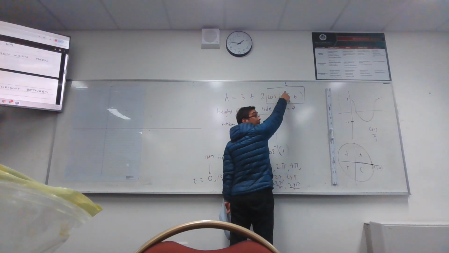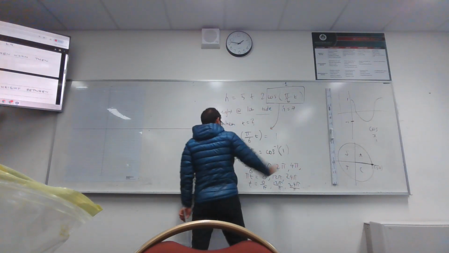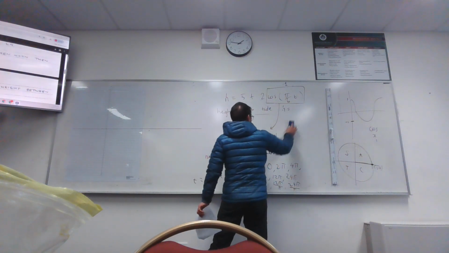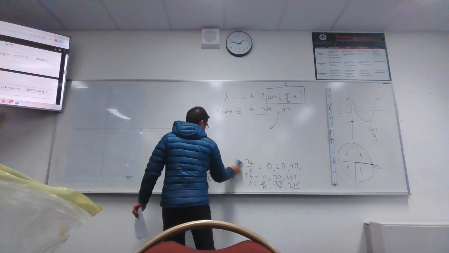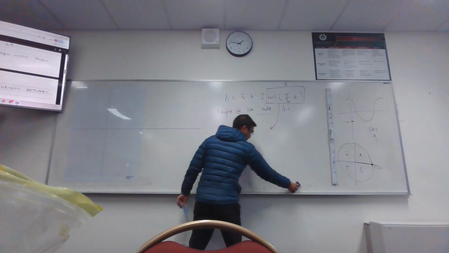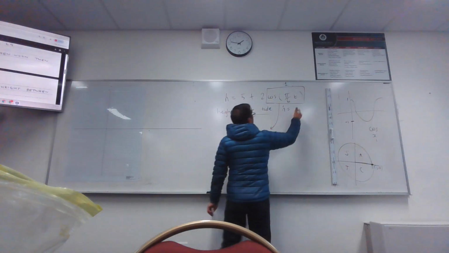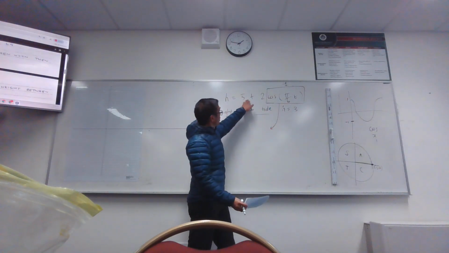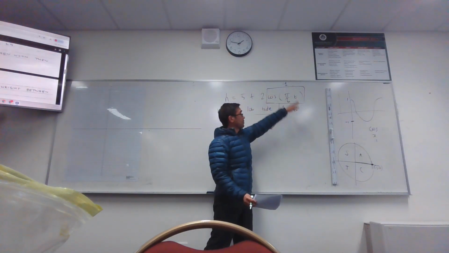We're not interested in 1 anymore. We're interested in -1. And what's my height of the low tide? If you put all the numbers together, it's 3. Very good. Okay. 5 take away 2 is 3.